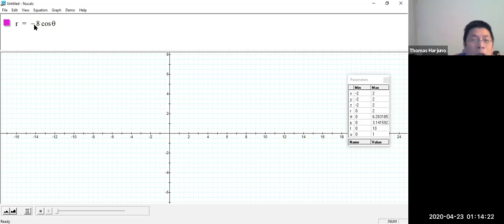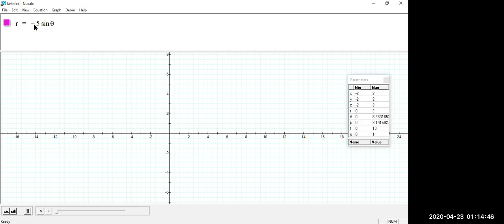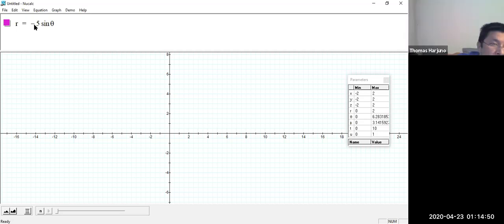Okay. If I use, let's say, negative 5 sine theta, then this will have radius 2.5, with center at 0, negative 2.5, that is, 0, comma, negative 5 over 2.